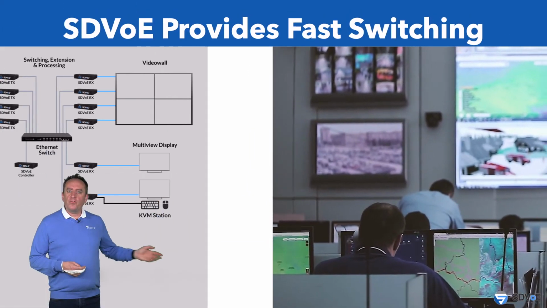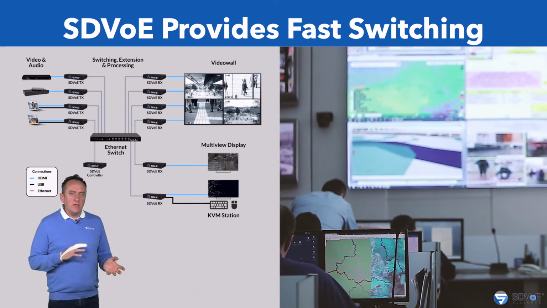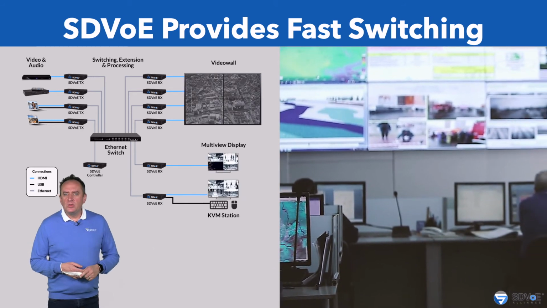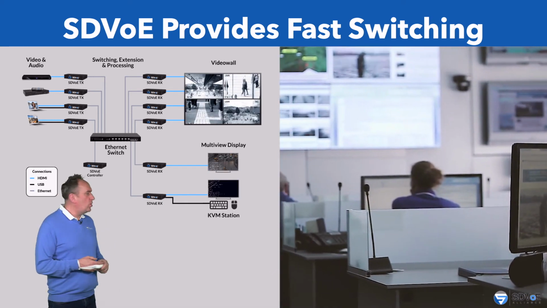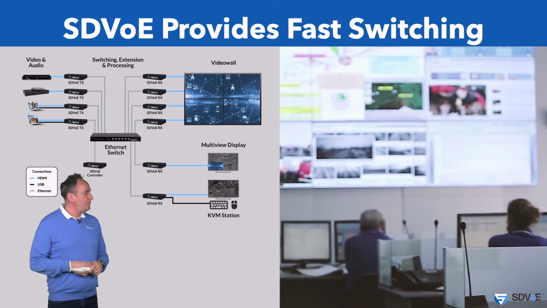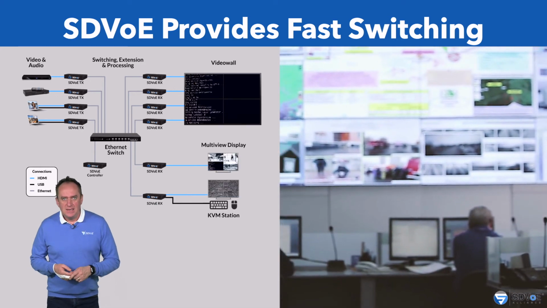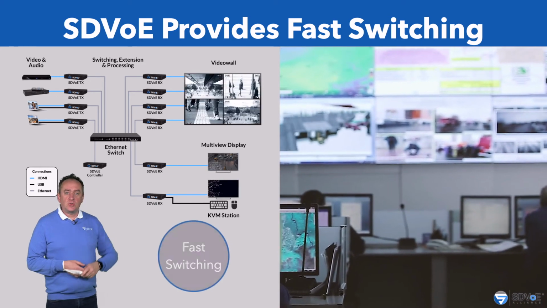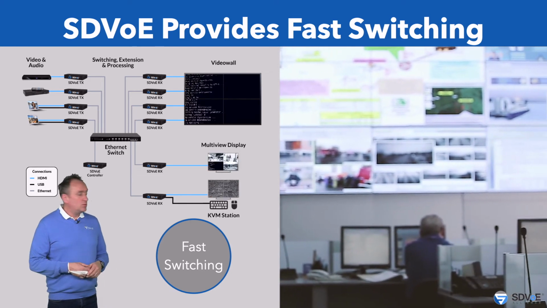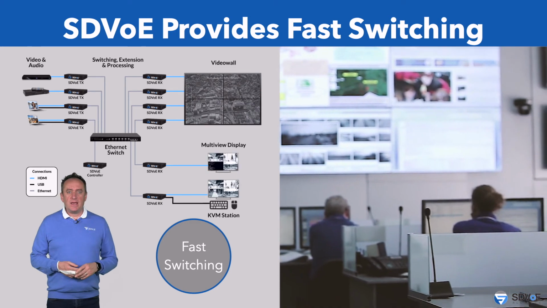Command centres often require groups of people to be able to quickly switch between sources, whether it be to work on something of their own or to collaborate with others to share work before perhaps pushing these feeds to the main displays. SDVoE technology caters for this perfectly, with the ability to fast switch between as many sources as required, either using a single display, a video wall layout, or even a multi-view application.